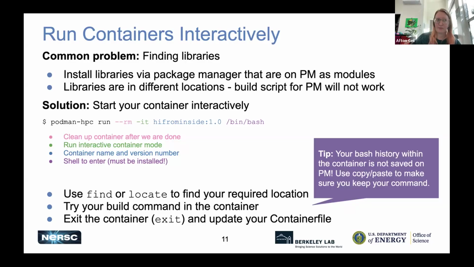On Perlmutter, we have the nice module system that will find and load the versions that you need, and you might have problems when you try to do the same thing inside of your container. So what you can do, like I said, is start your container interactively, and to do this, we use the dash IT flag.